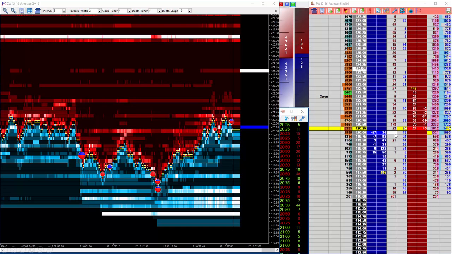Okay, next slide. As you can see, we continue to push up, and where we are now, we've actually hit the first high volume area above us. So if we wanted to take a long, this price here, 420, would really be the first hurdle in the way of a long trade.